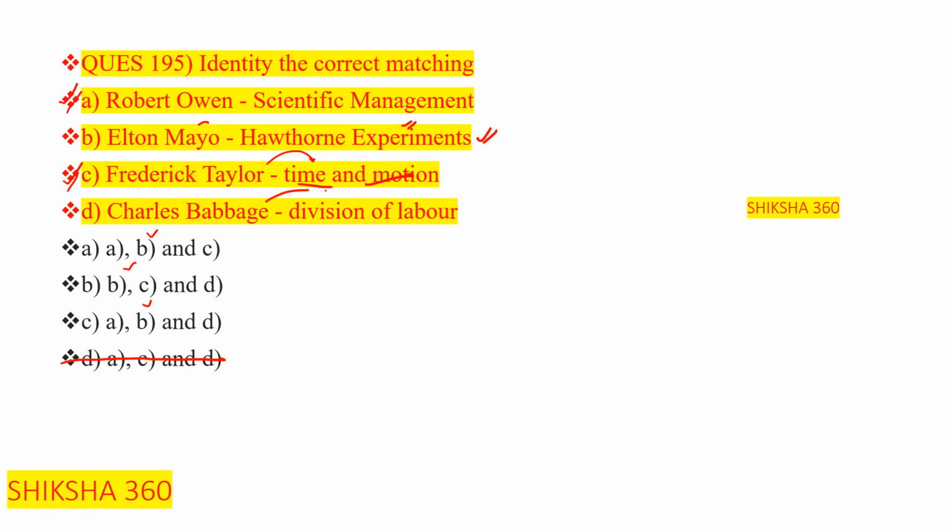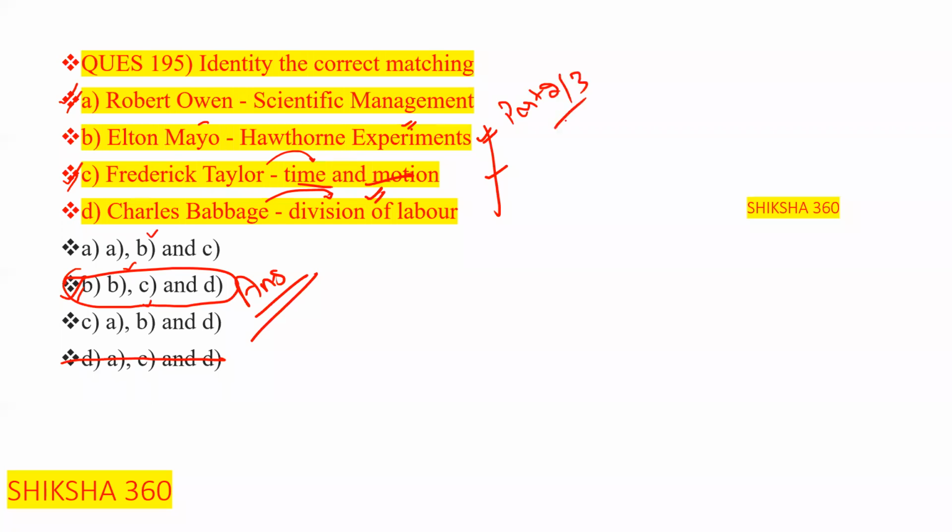And Charles Babbage we have discussed, that is division of labor. So B, C, and D are correct. Here option B is the answer. These theories we discussed under part 2 or part 3; I don't remember exactly, but we have already discussed them.